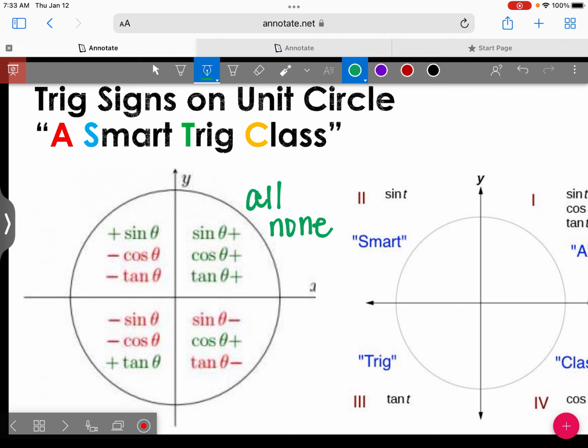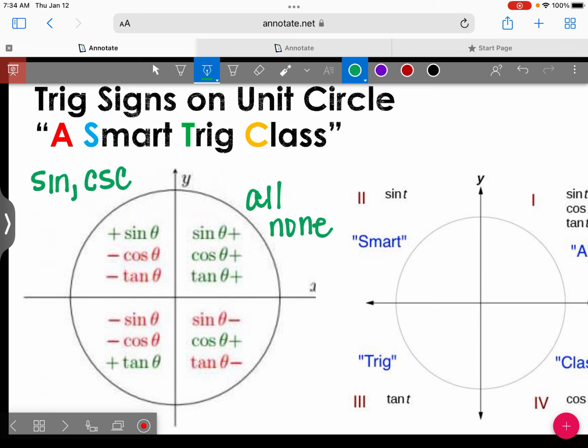And then when we rotate, it says A SMART, so S is for SMART, which represents sine. So in quadrant 2, what's positive is going to be sine. And then what's the sister to sine? Cosecant.